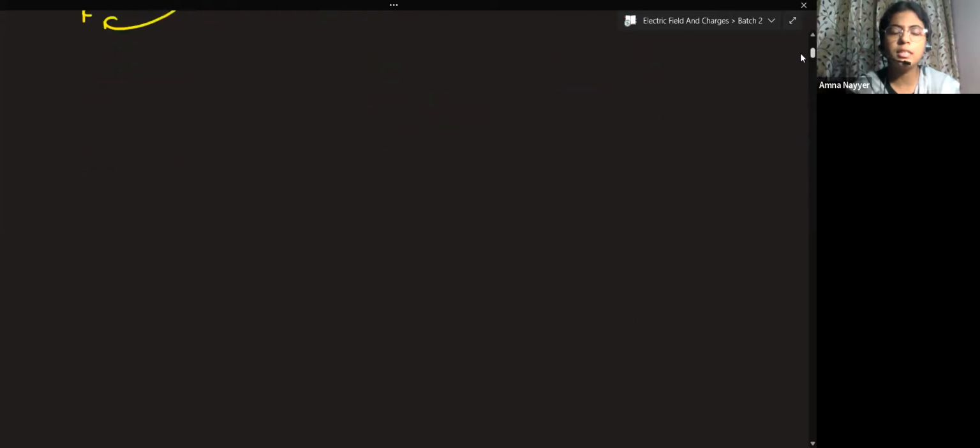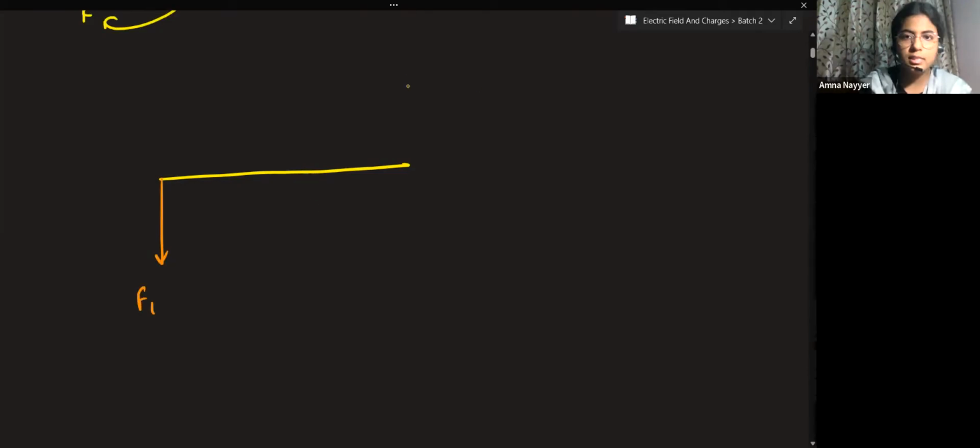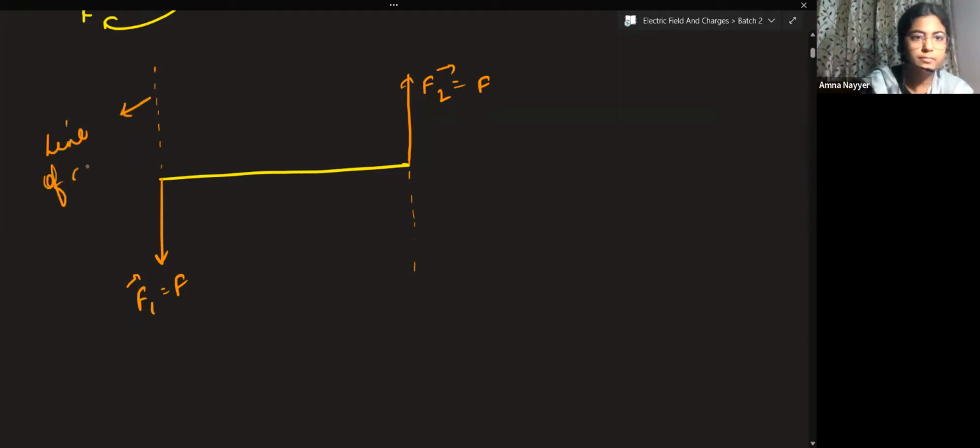Apart from this, one thing you have to remember: if you have two forces, this is force 1, this is force 2, F2, and both have the same magnitude F. This line where both the forces are acting, this line for F1 and this line for F2, is called the line of action.